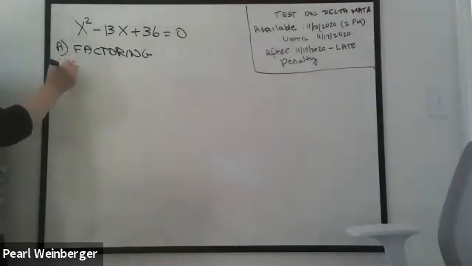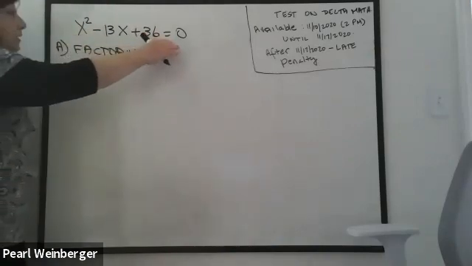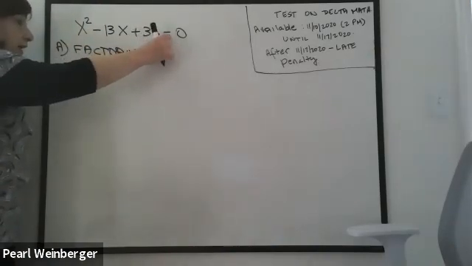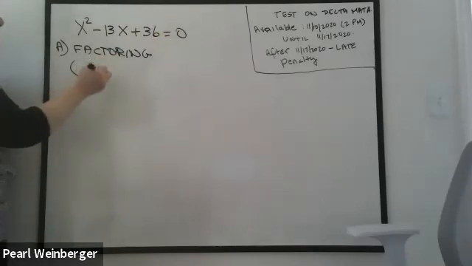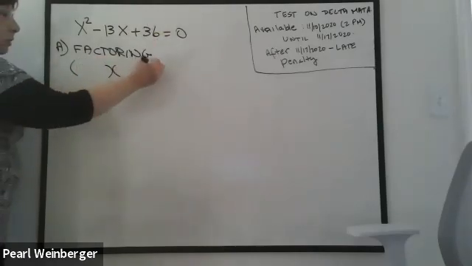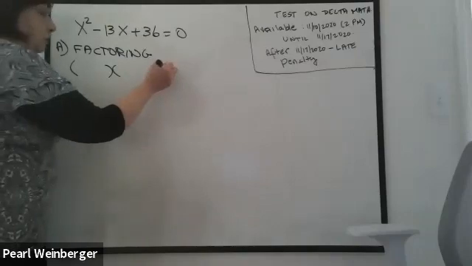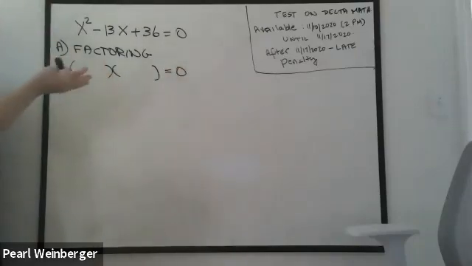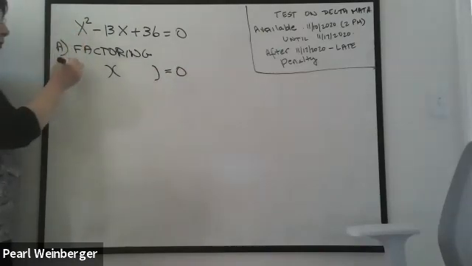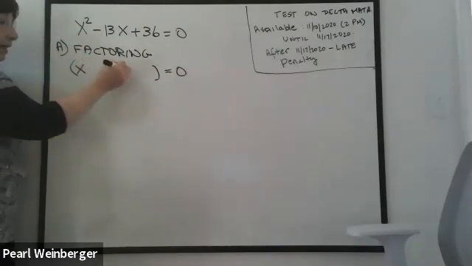We try and get it equal to 0. It always has to be equal to 0 if we're using the factoring method. We try and break it up into two parentheses using our trinomial factoring. The x squared we break up into x and x.